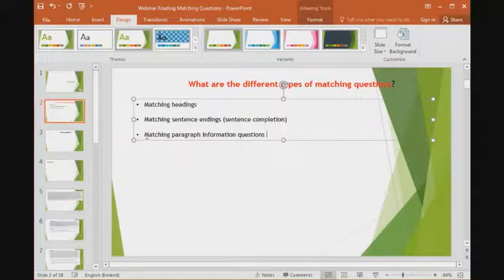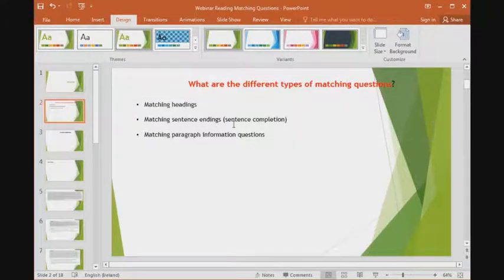Naming the title of the paragraph? No, that would be called title completion. So you're not naming the paragraph.